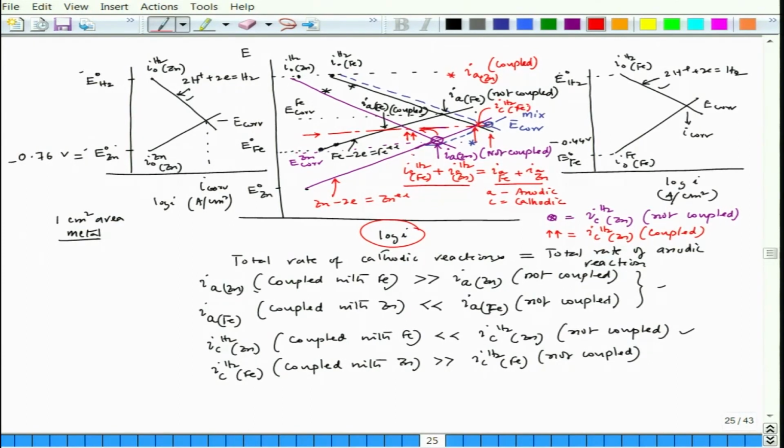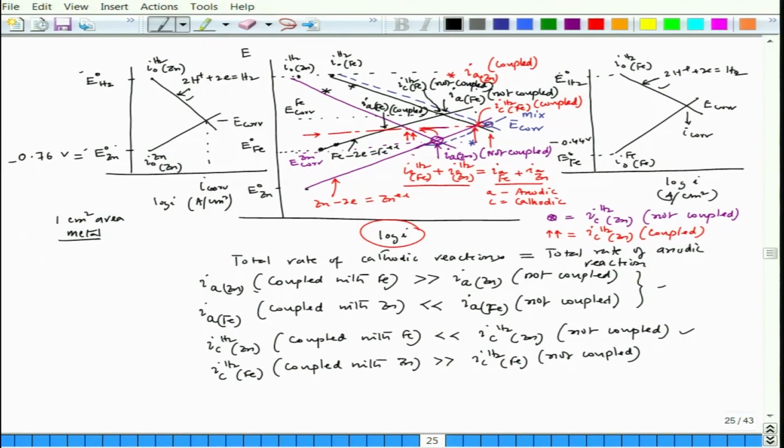on iron surface coupled, and let us see what the I_C hydrogen on iron surface was when it was not coupled. That point is this point, which is I_C hydrogen iron not coupled.